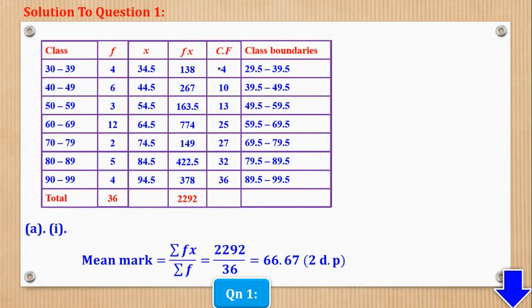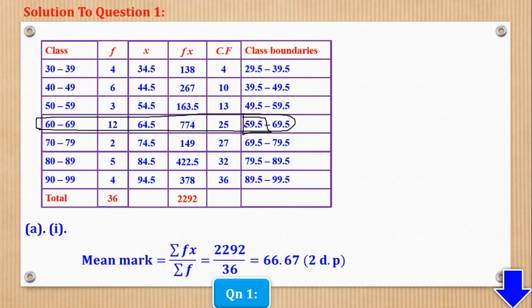So what we are going to do is look at these values of cumulative frequency. From 13 we go to 25, so that means that 18 is within this value. Therefore this will be our row of interest. Let's first demarcate it. Now from there we know that for the median calculation you need the lower class boundary, which is 59.5.